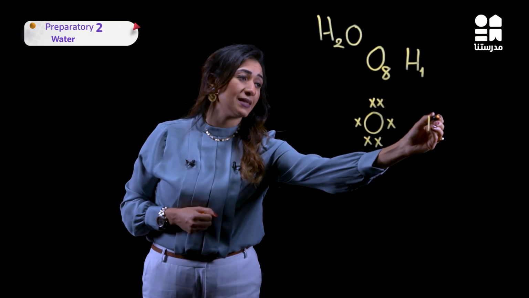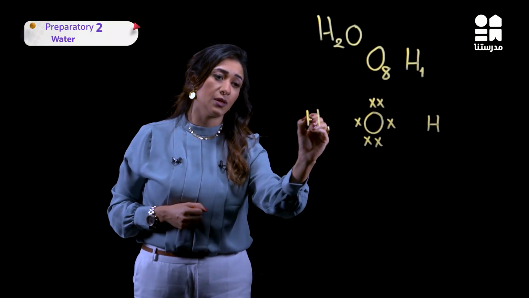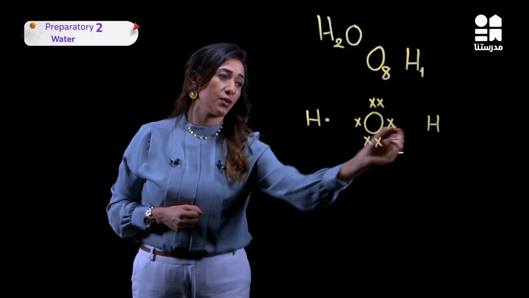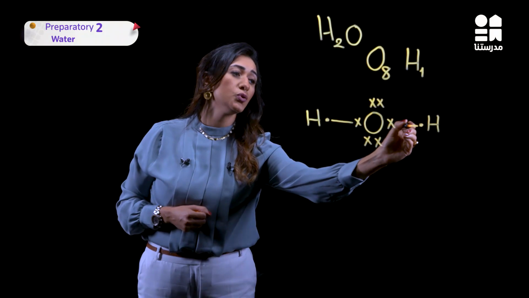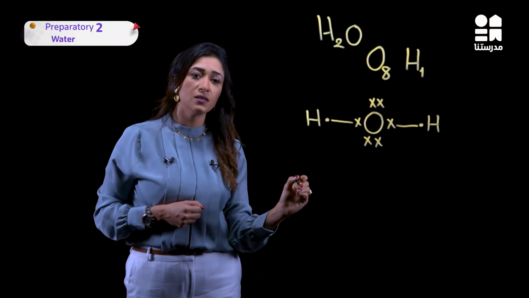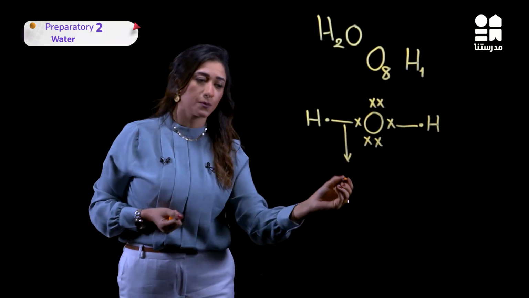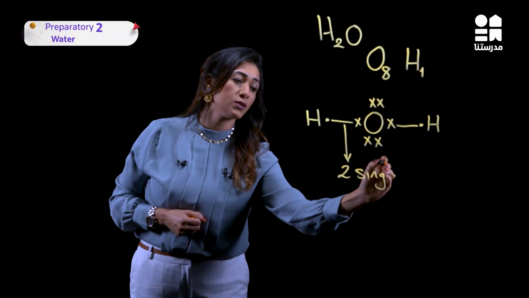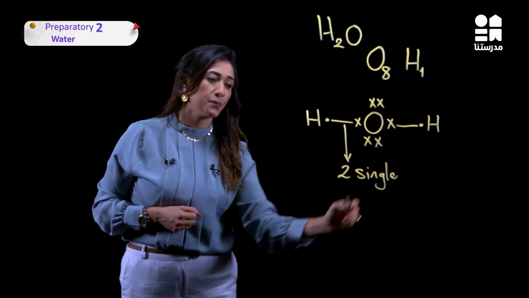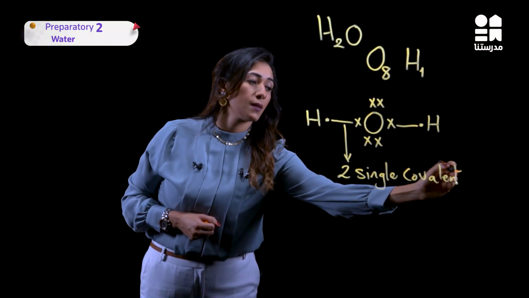What's happening is that the hydrogen atom and the other hydrogen atom, they share their electrons with the oxygen with a bond called 2 single covalent bonds. Okay, why 2? Because there are 2 bonds. So I write 2, and they are single. They're not double as we took in first prep. يبقى 2 single covalent bonds.